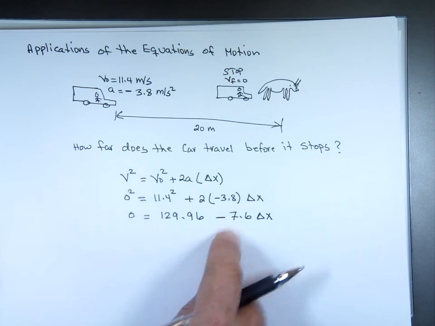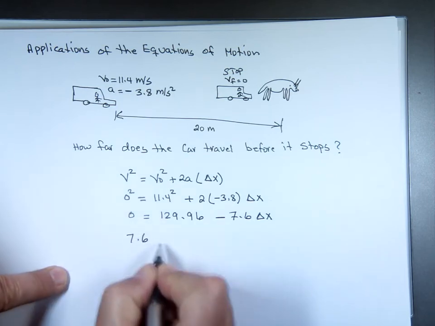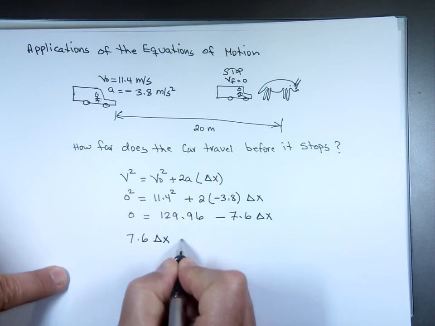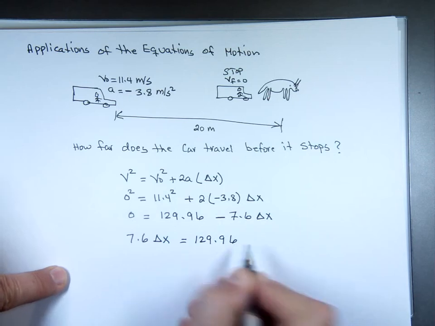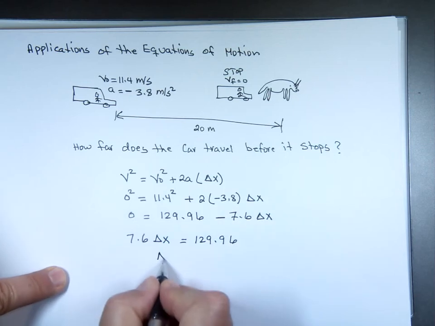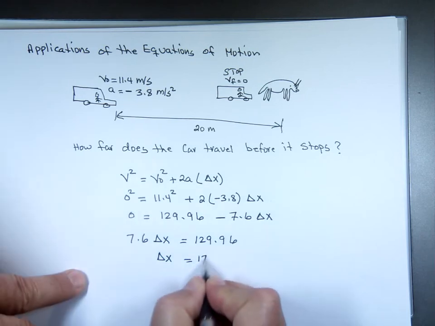If I bring this one to this side, change sign. What is delta x equal to? 129 positive, right? 17.1 meters.